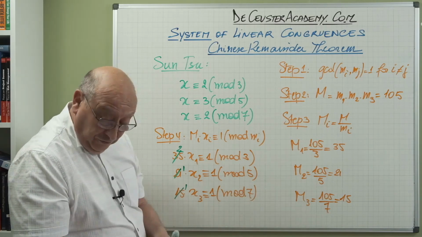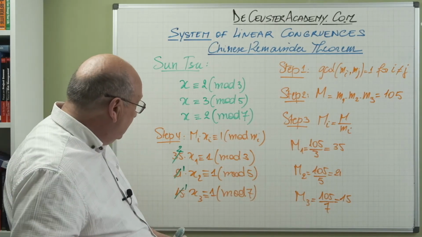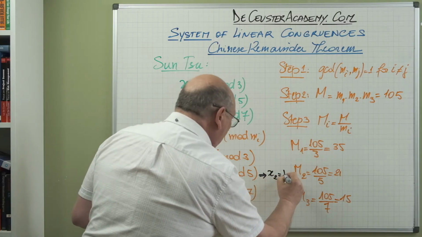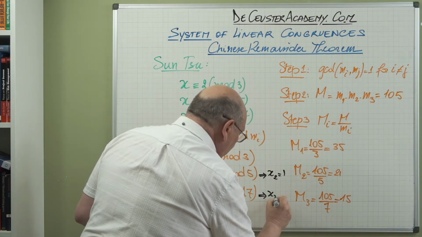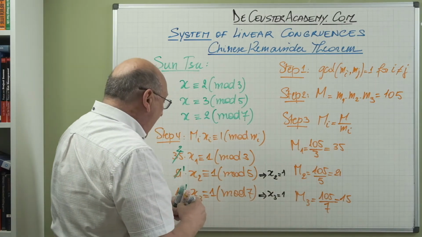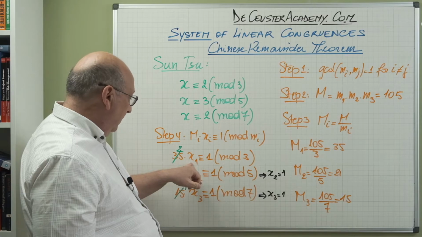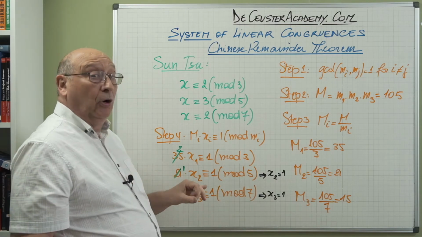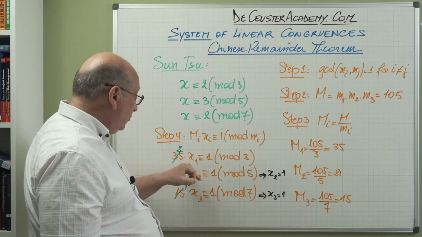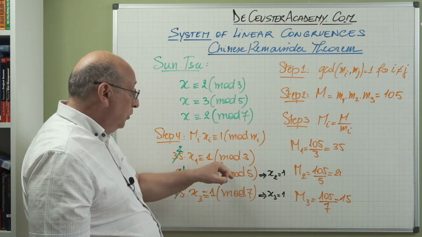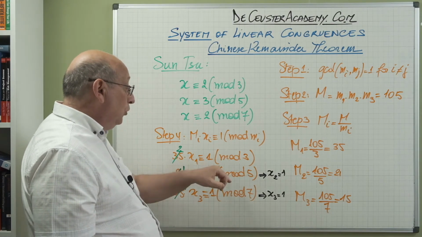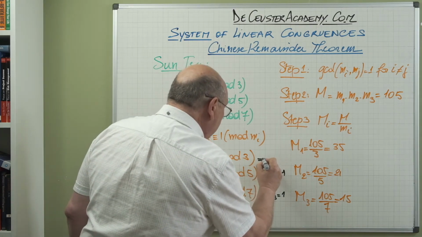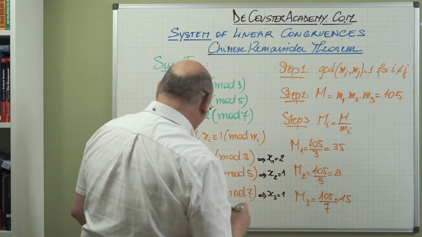So basically we can find immediately from this equation that x2 is equal to 1, x3 is equal to 1, and we find here 2x1 is congruent with 1 modulus 3. When we multiply both sides with 2, we find 4x1 is congruent with 2 modulus 3, and 4 modulus 3 is equal to 1. So we find x1 is equal to 2.